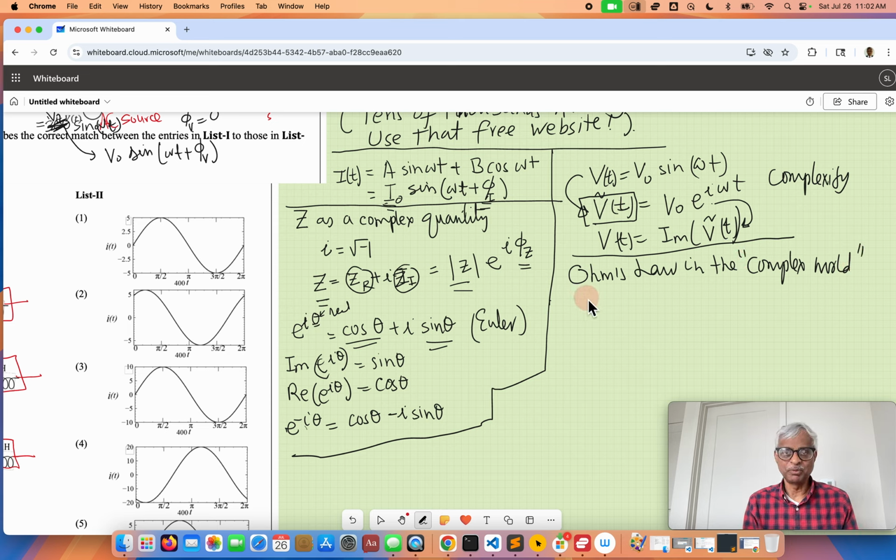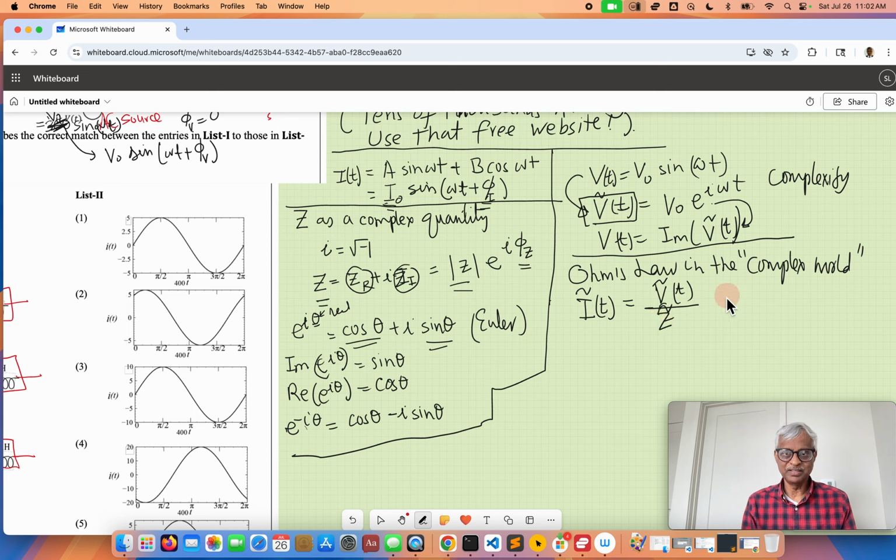And then you can get the real part always. I just put a tilde so that you don't get confused about whether you're in the complex world or the real world.